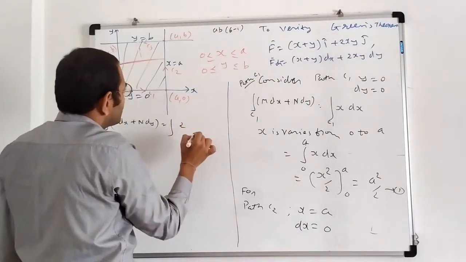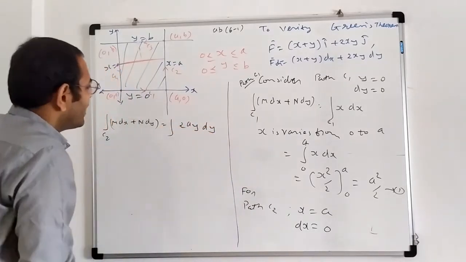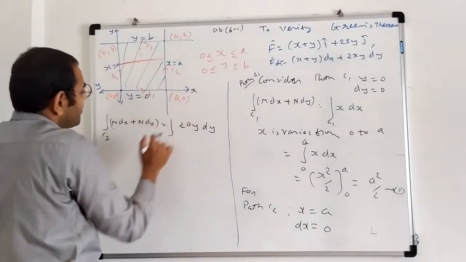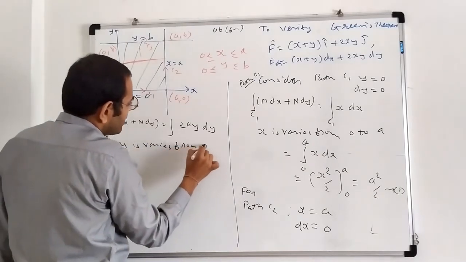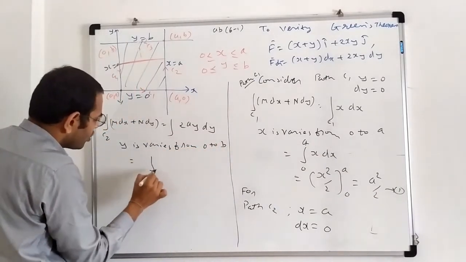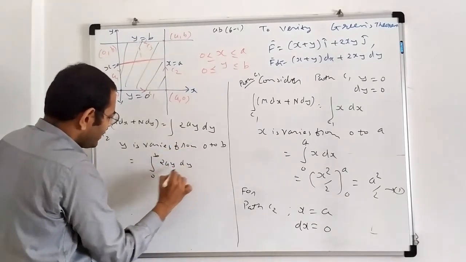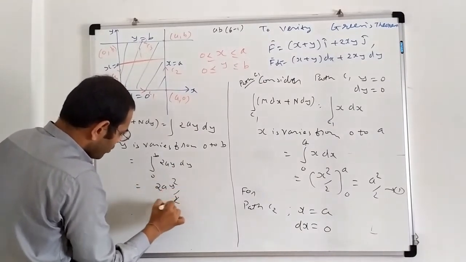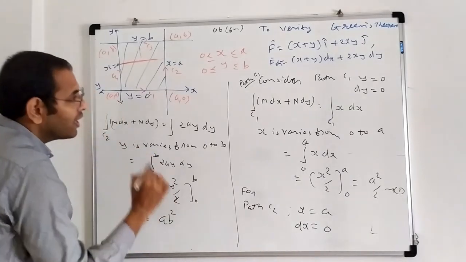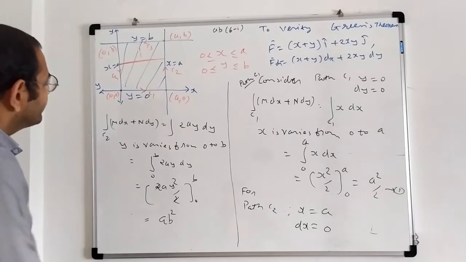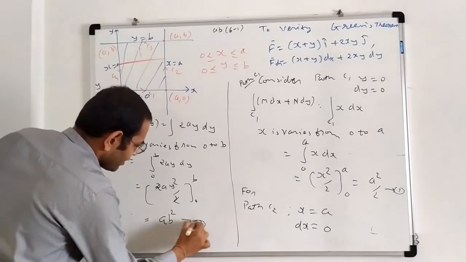Then the second term is 2x dy with x equal to a, so 2a y dy, in terms of y, where y varies from 0 to b. The limit is 0 to b, so the integral of 2ay dy is 2a y square by 2, the 2 cancels, from 0 to b. Upper limit minus lower limit, we get ab square minus the lower limit which is 0. That is equation number 2.